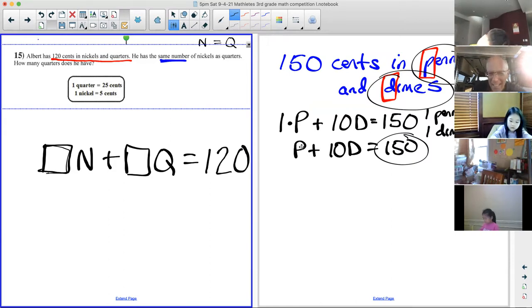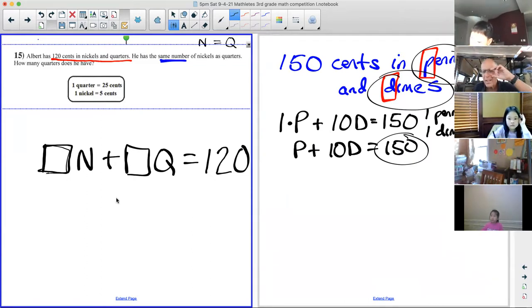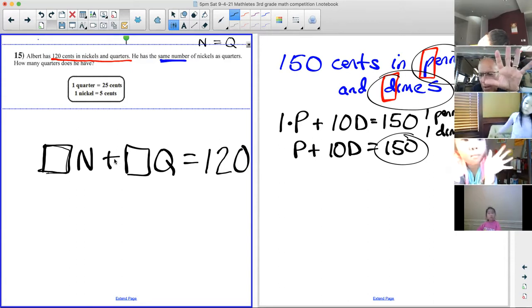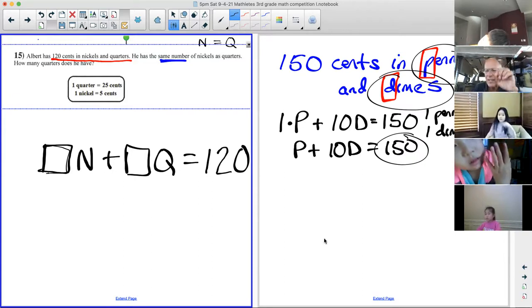120 cents. Now, guys, how many cents is in 1 nickel? Go ahead, say it out loud. Eleanor, how many cents are in 1 nickel? Go ahead, Stella. 5. That's right. Eleanor, I don't know if you can hear us.